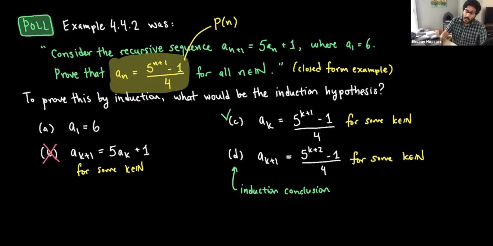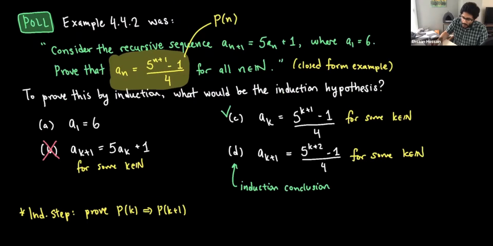The induction step is always like this: prove that P(k) implies P(k+1). So you assume P(k) for some k, and you prove P(k+1).